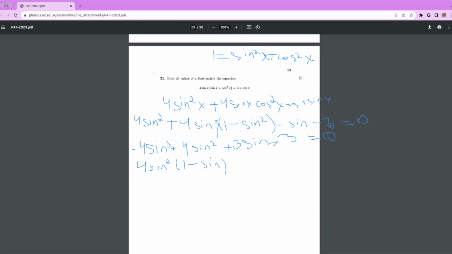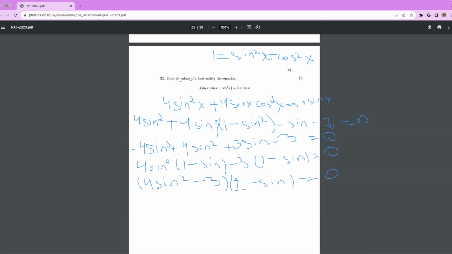But you can do that here as well, and since the sign is positive and the constant is negative, you'd have to do minus 3, and then 1 minus sine. That's all equal to 0. Isn't that fun? You can now factor this to make 4 sine squared minus 3 multiplied by 1 minus sine is equal to 0.